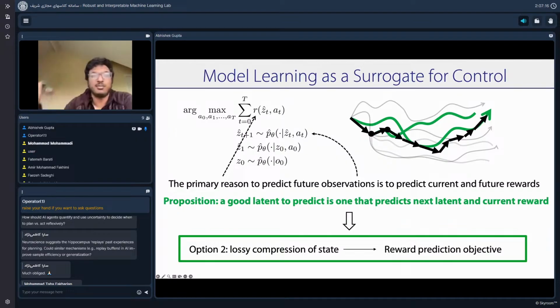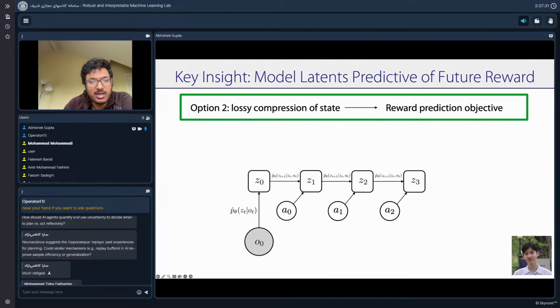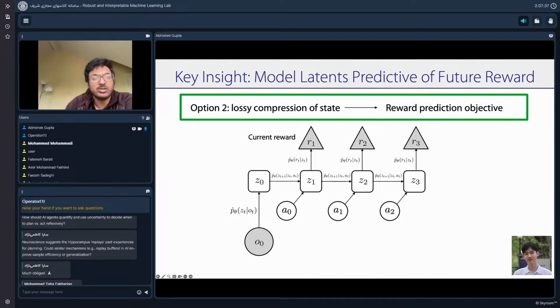Let's lose information and only retain the information that is allowing you to predict the current reward and the future reward, right? And so the idea that my student Chuning had was we're going to have things that go into latent space, then predict future latents. But rather than predicting the observations through reconstruction, you instead want to be predictive of current and future reward.